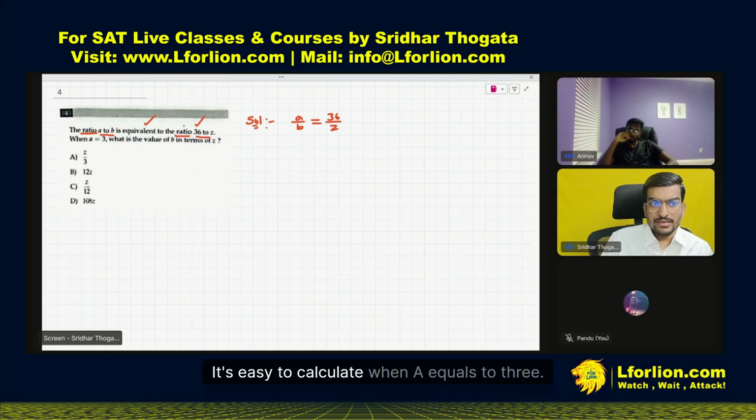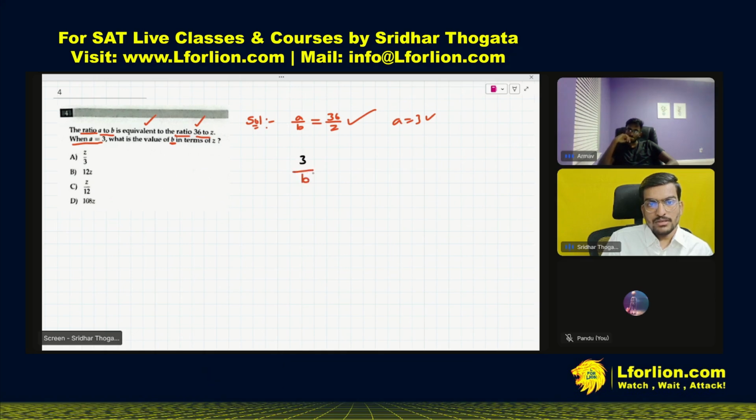It's easy to calculate. They're asking, when A equals 3, what is the value of B in terms of Z? The value of A given is 3. I'll first substitute that A value in the place of A, and then continue. 3 by B equals 36 by Z.